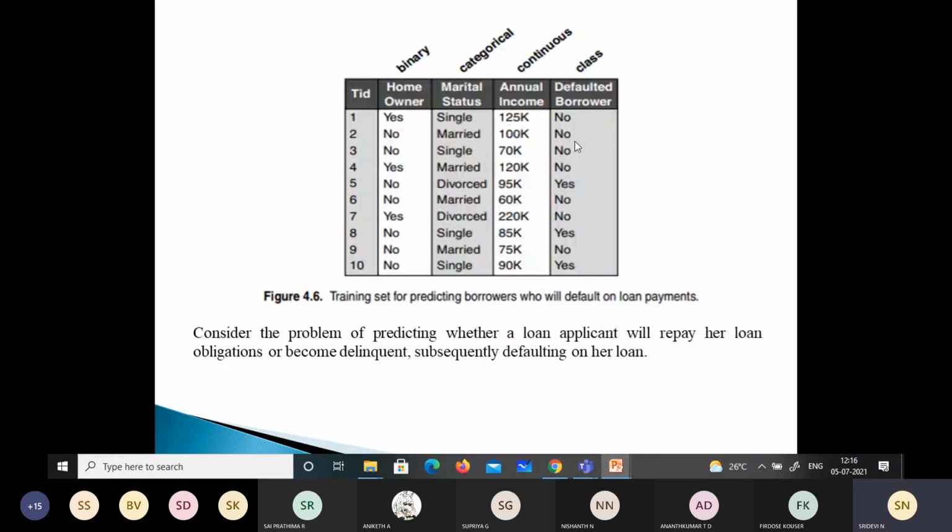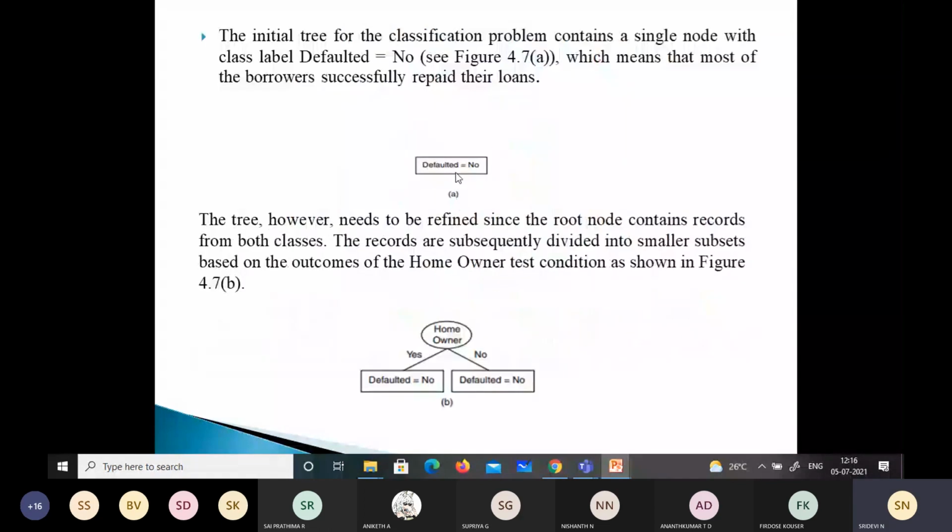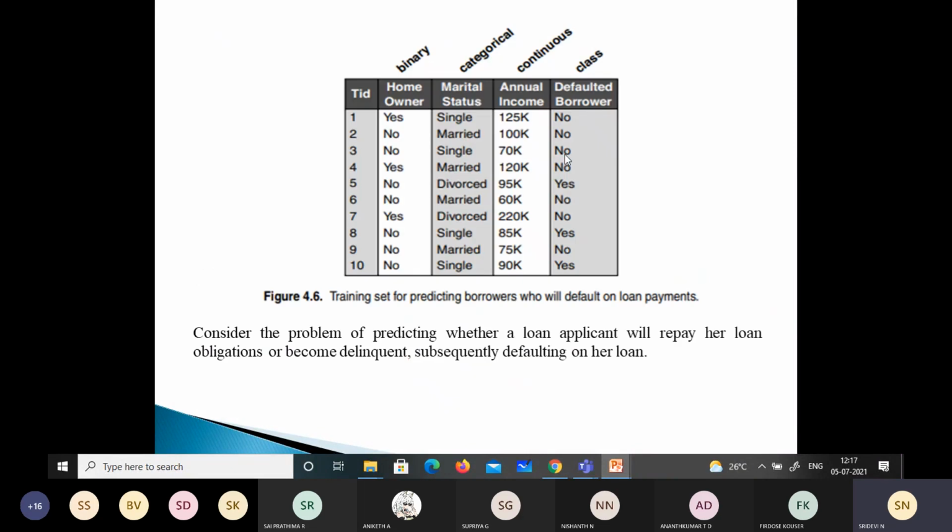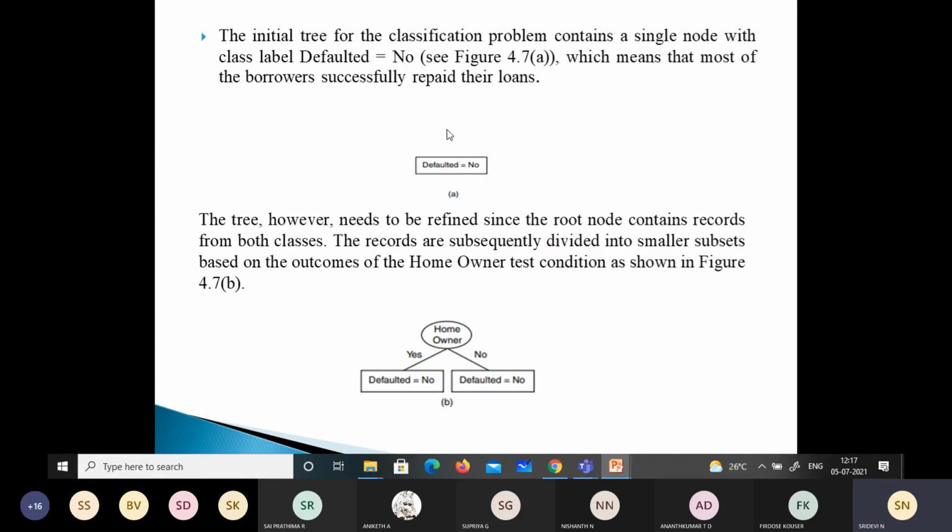But once you look at these transactions, we have 2 class labels, which means that this particular node is impure. If the values are the same, we say that it is a purer subset, that is, if all the transactions belong to one class. But here the class label has 2 values, yes or no. So I cannot stop here.